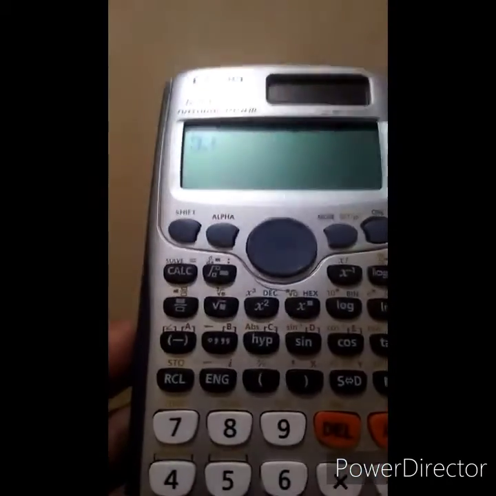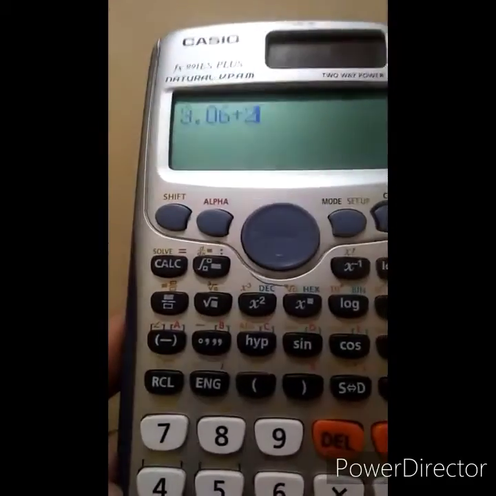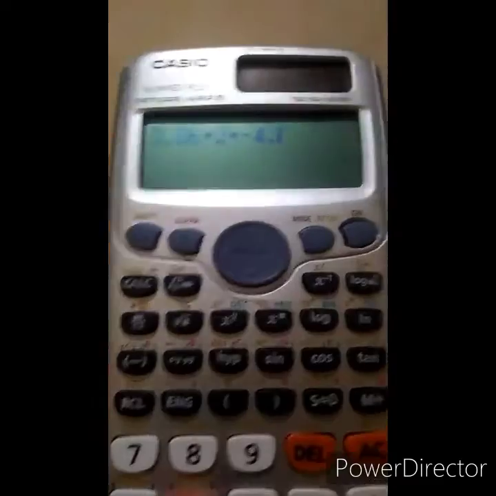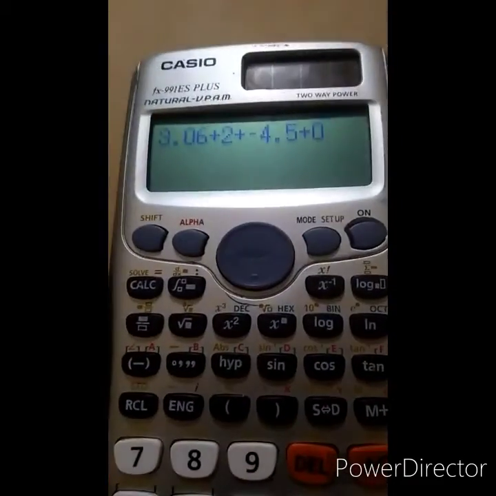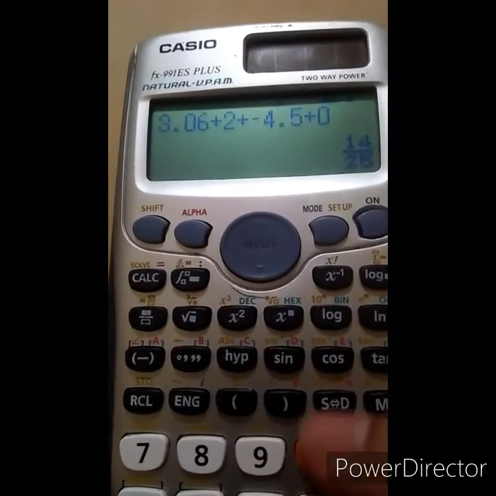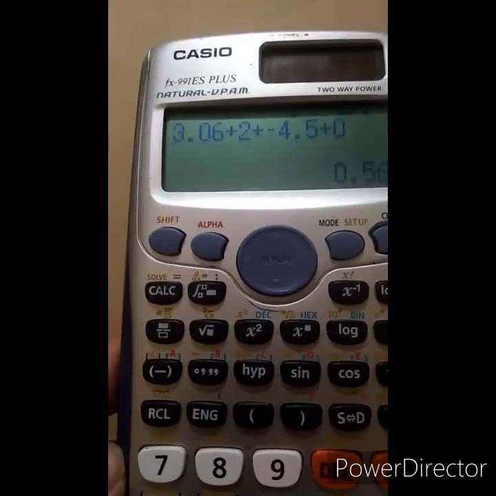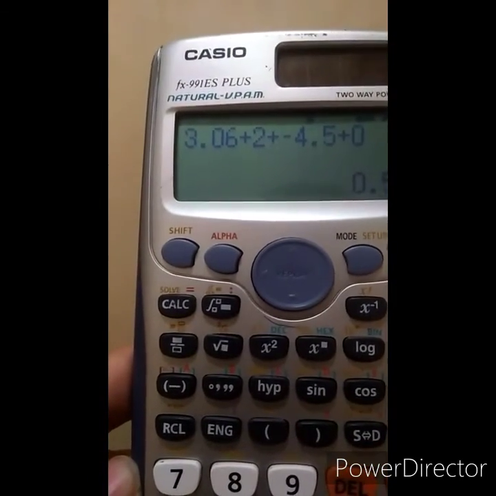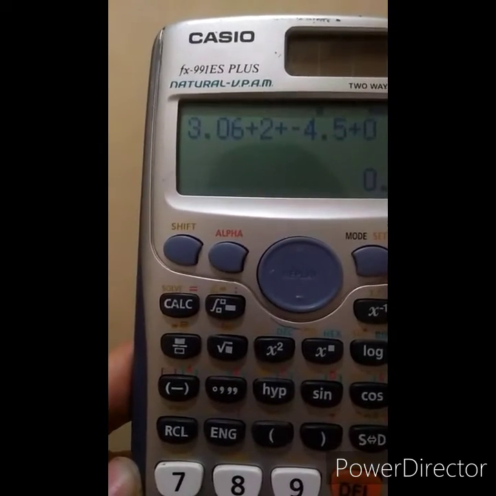The first value is 3.06 to be added to 2 plus negative 4.5 plus 0 is equal to 0.56. Okay, it is positive. That is the summation of your x value or summation of horizontal component.